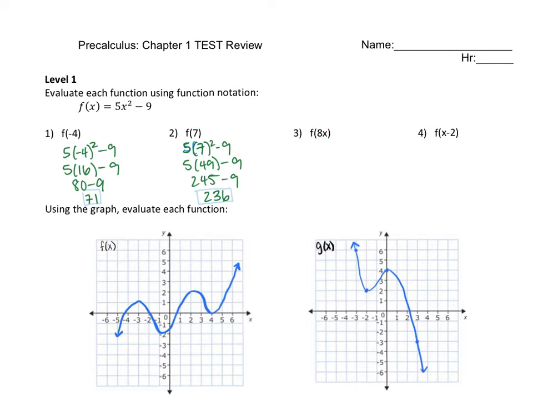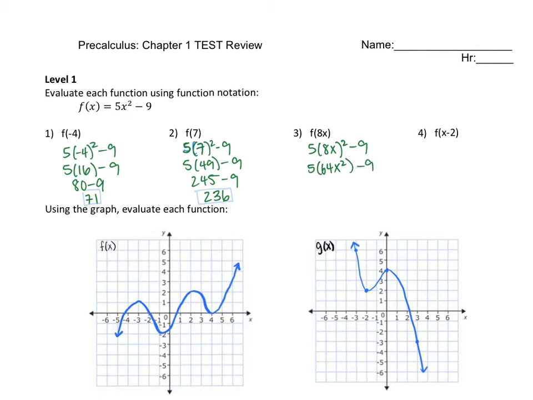And then this one is interesting because it has an 8x. So I'm going to be plugging in 8x instead of the x here. So that's going to look like 8x squared minus 9. So not only do you have to square the 8, but you need to square the x inside. So that's going to look like 64x squared minus 9.